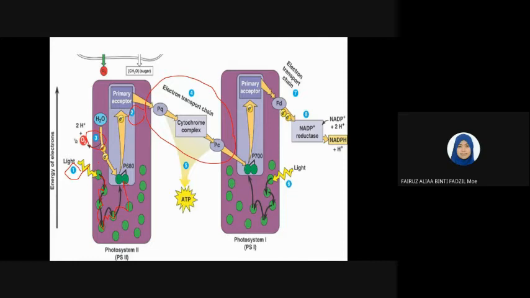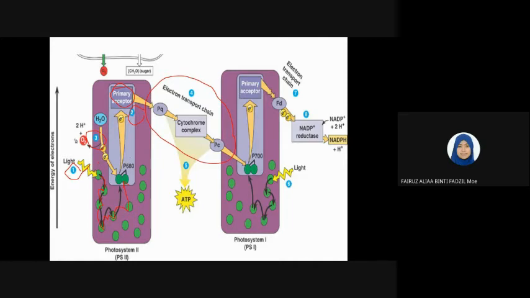Once the energy reaches the P680, it raises the electrons in the P680 to a higher energy state, and they are accepted by the primary electron acceptor. P680 is now oxidized to P680 plus. P680 plus is now missing an electron, having an electron hole that needs to be refilled.